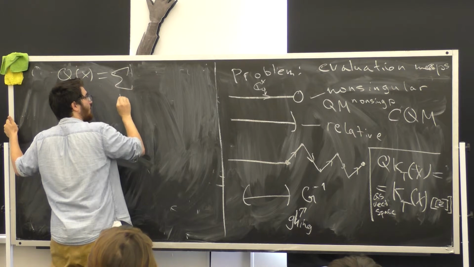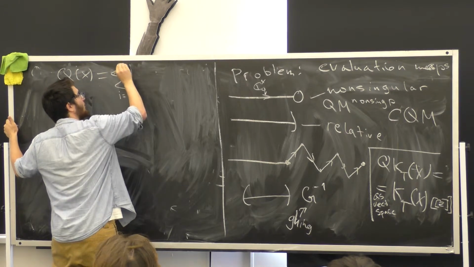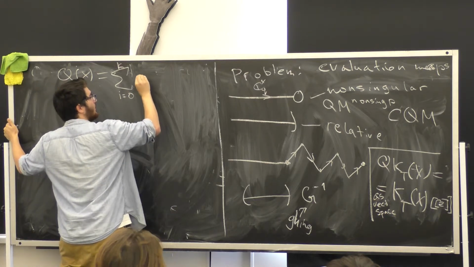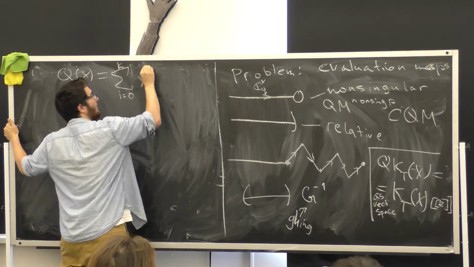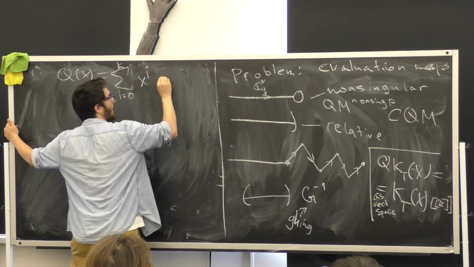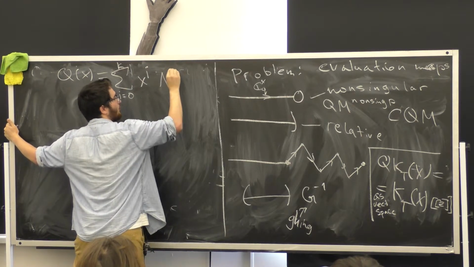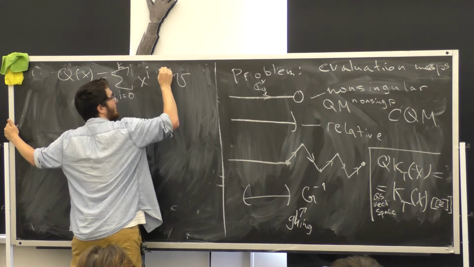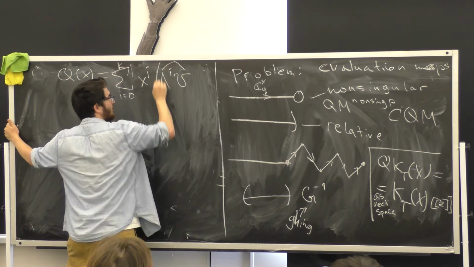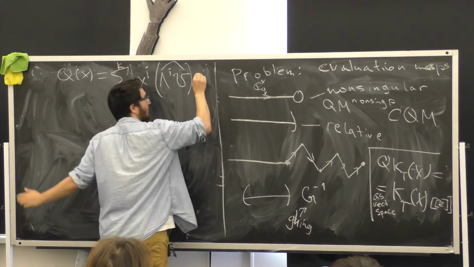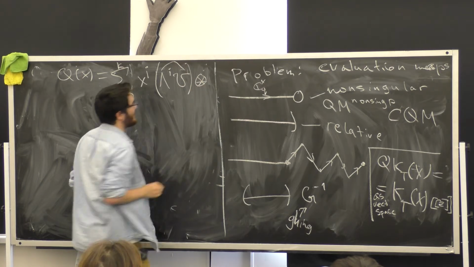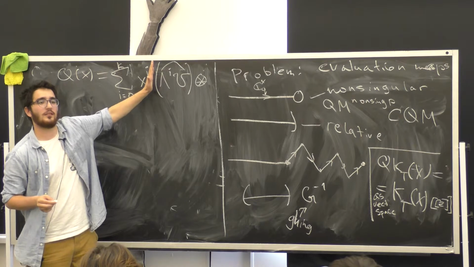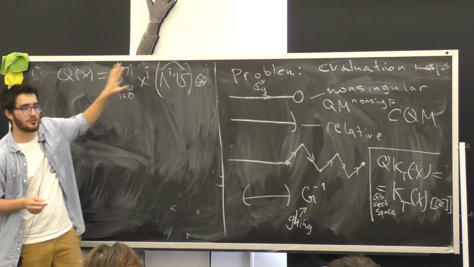It's the sum from i equals 0 to k of x to the i times the ith wedge of V, and I do it with a hat, and I draw it like this. So this is an operator. Each of these is a separate operator, and this is the generating function for them.